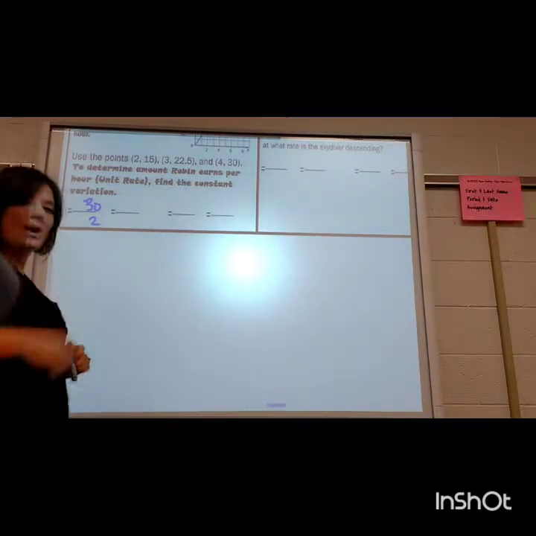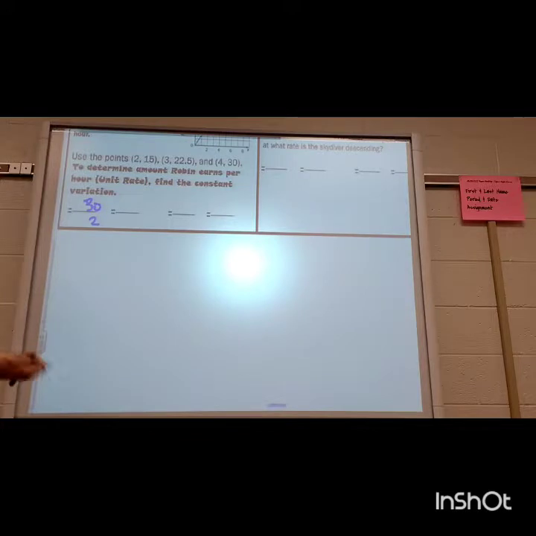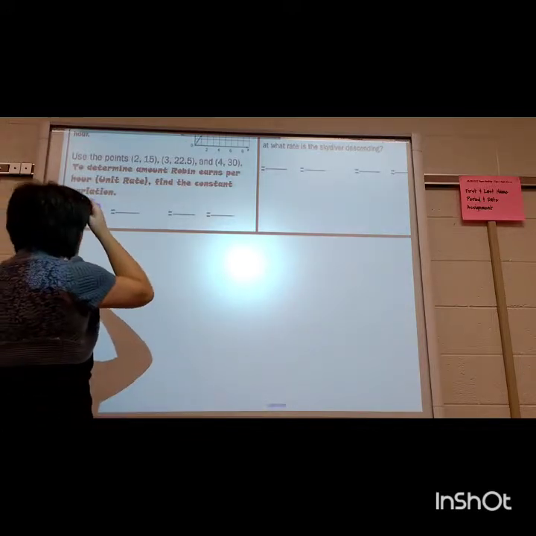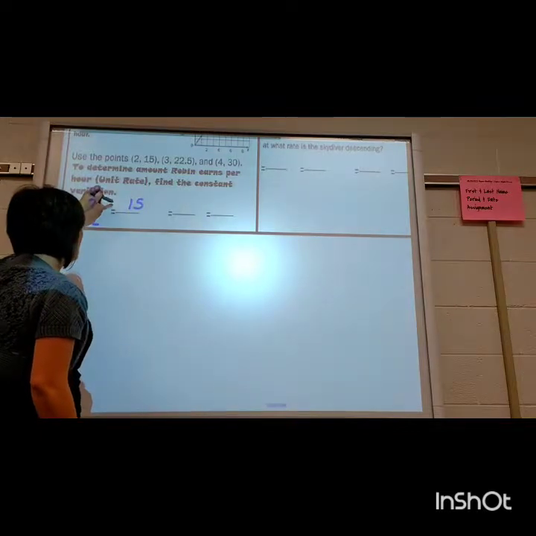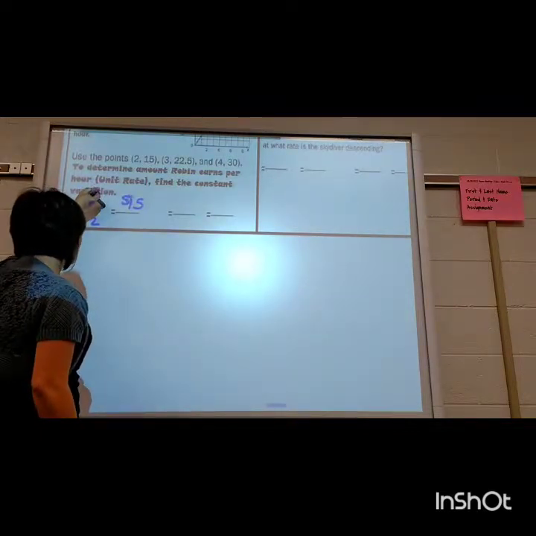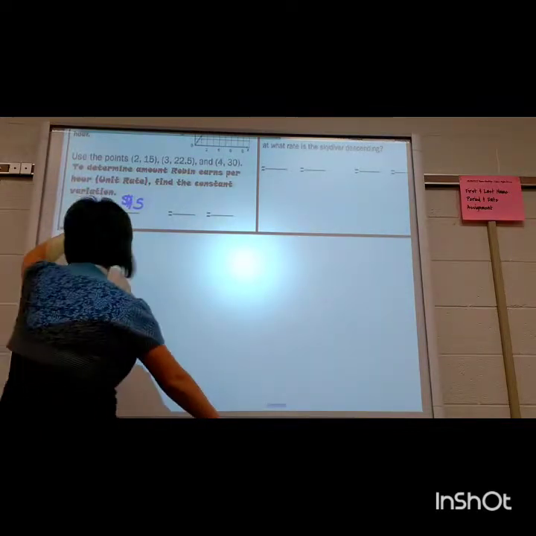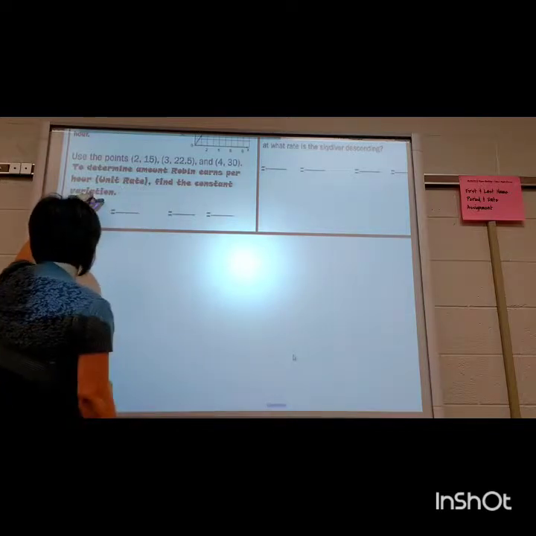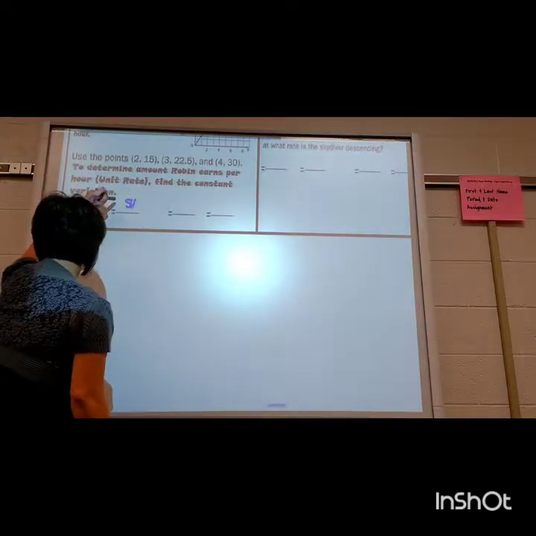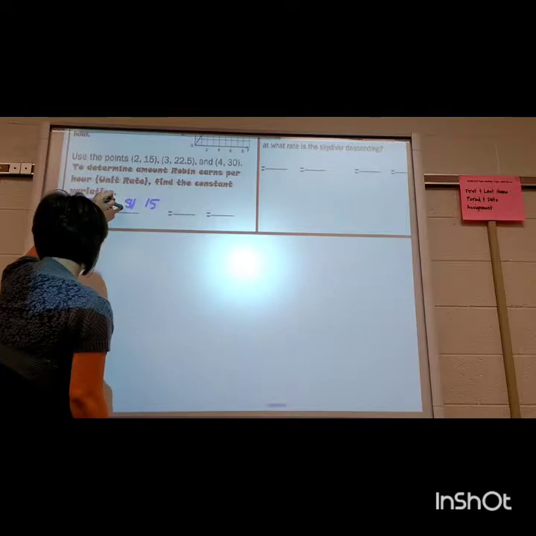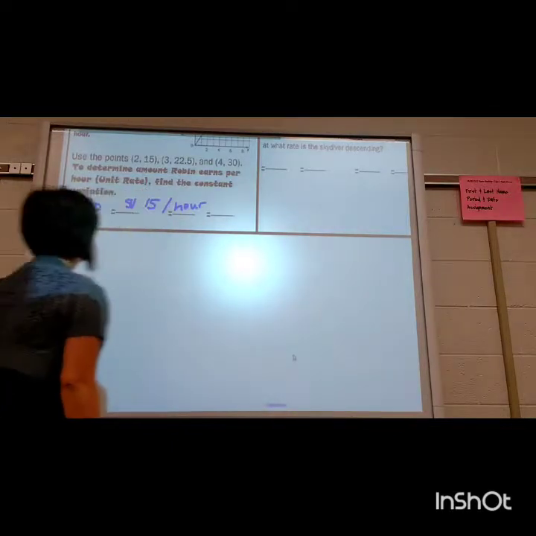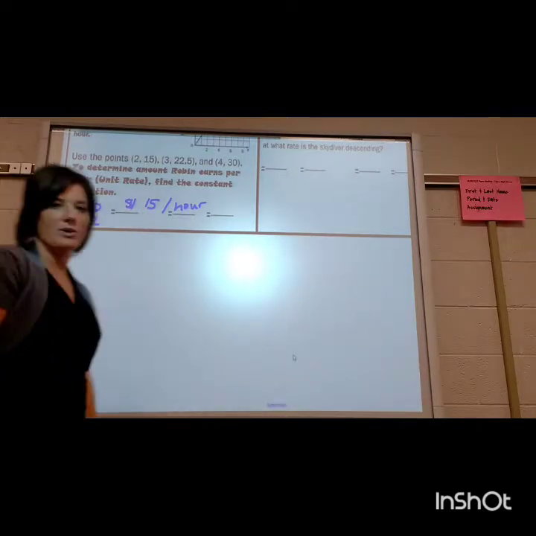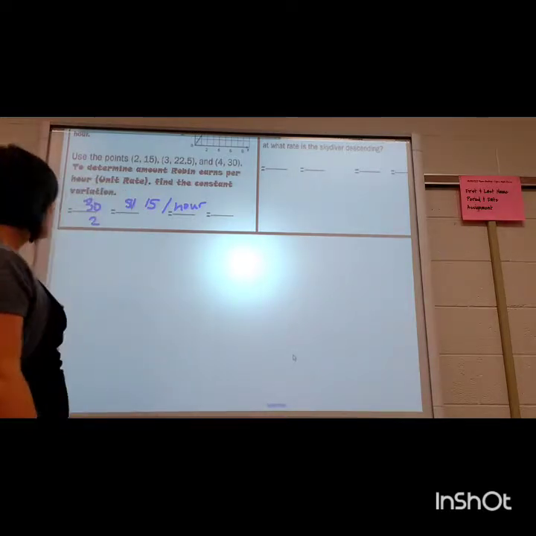Then we're just going to simplify 30 over 2 on our calculator, and this ends up being 15. We mark this as dollars: it's $15 per hour. All of these extra fraction bars were if you needed to further simplify.